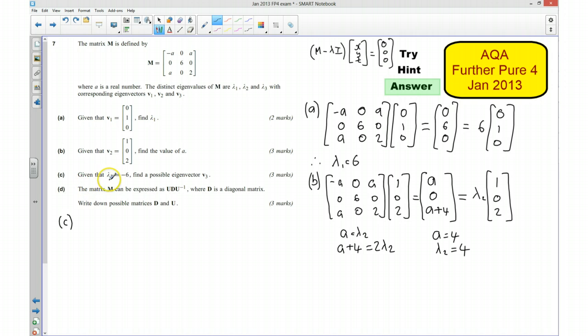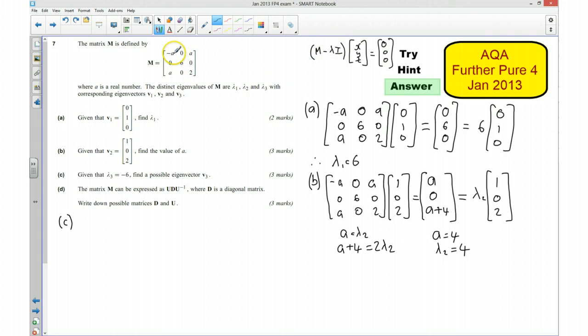Okay, part C, and I'll start part C over here. We're given that our third eigenvalue is -6, and we want to find a possible eigenvector for that. So I'm going to use this over here. I'm going to take away my third eigenvalue from the leading diagonal to give me this bit here.